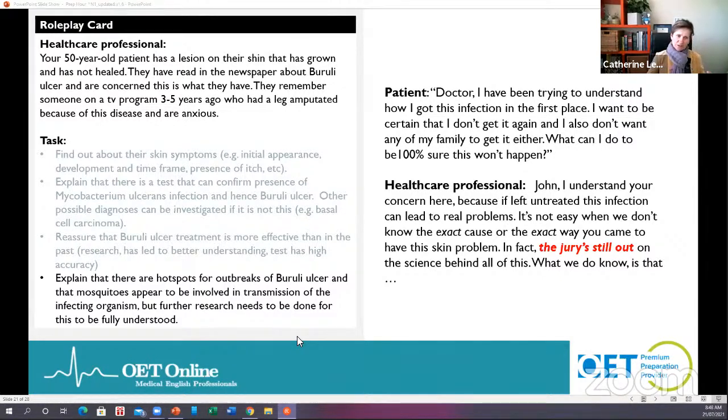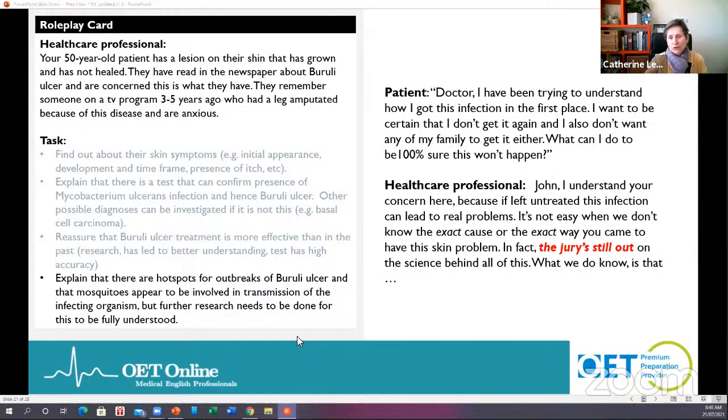I always like to use the patient's name here. John, I understand your concern here because if left untreated, this infection can lead to real problems. It's not easy when we don't know the exact cause or the exact way you came to have this skin problem. In fact, the jury's still out on the science behind all of this.